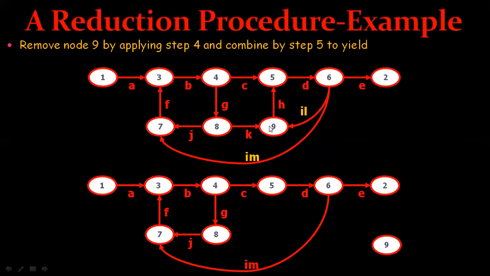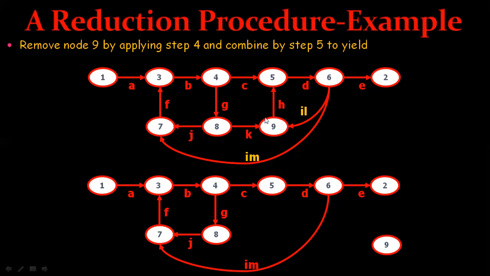And one more route we can see is, from 6 we are coming to 9, and from 9 we are going to 5. So there will be a link from 6 to 5 because we are removing 9. In this case, IL followed by H, ILH, not HIL, ILH.